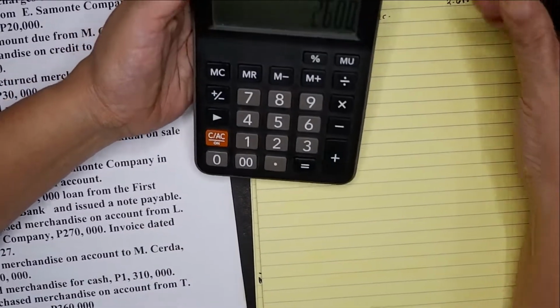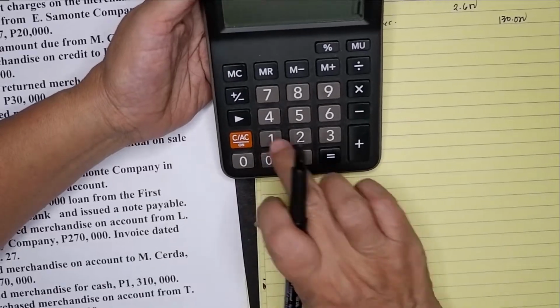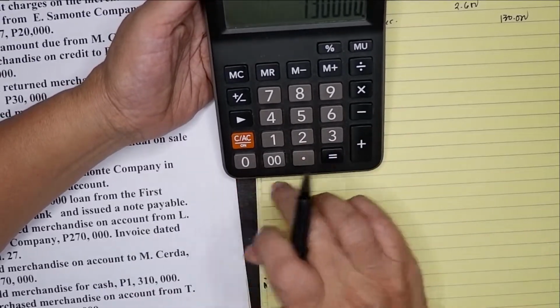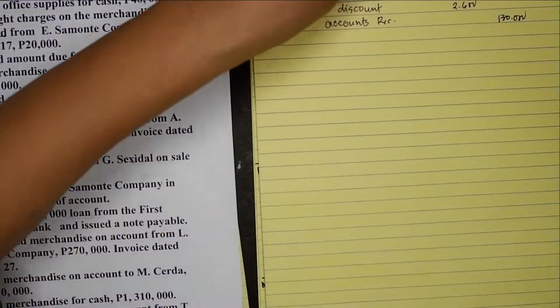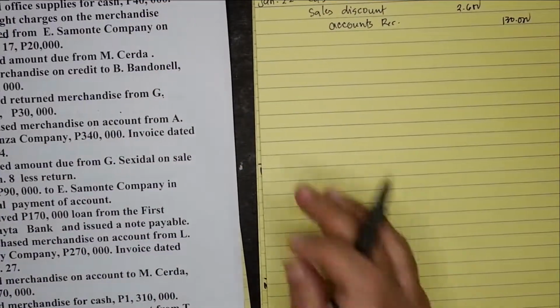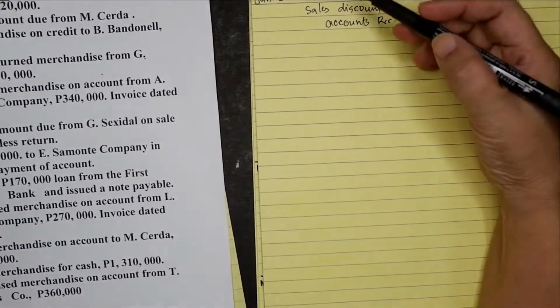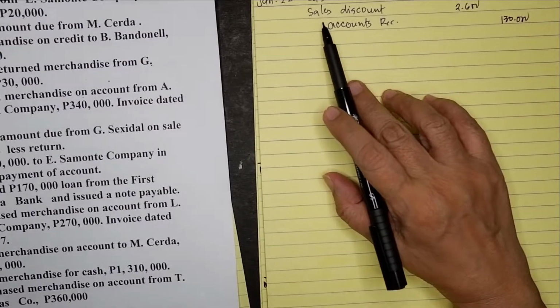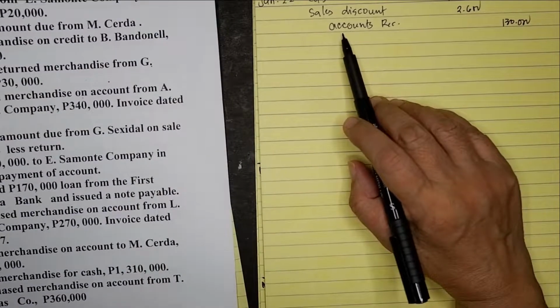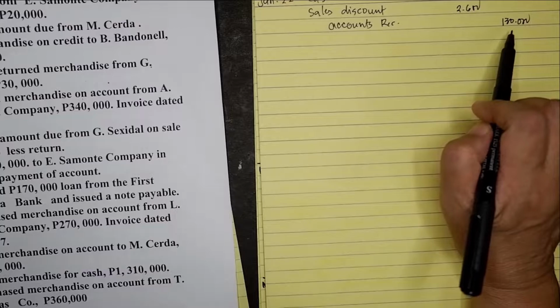The discount to check: 130,000 times 0.02, so that is 2,600. Okay. So, again, our entry: debit cash of 127,400, debit sales discount, 2,600, and credit accounts receivable, 130,000.